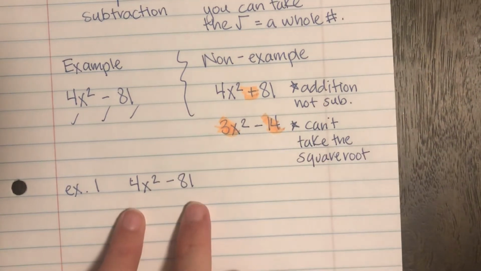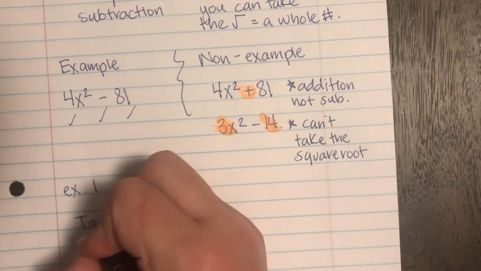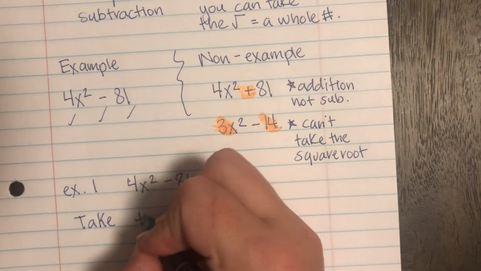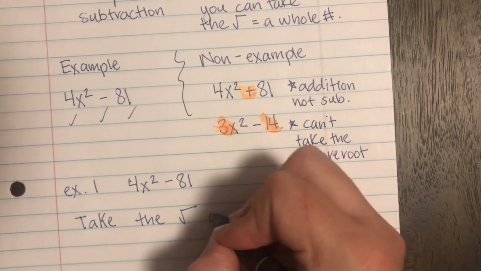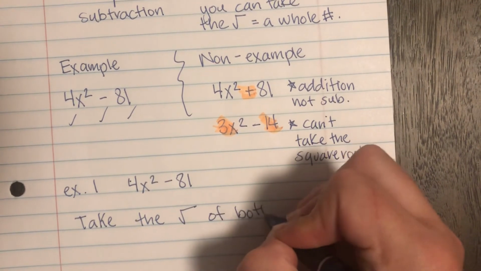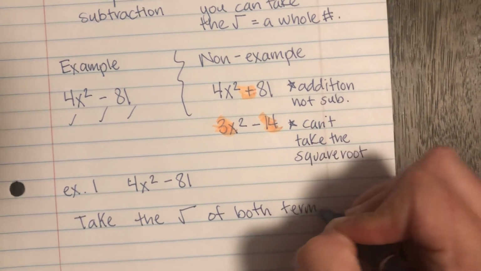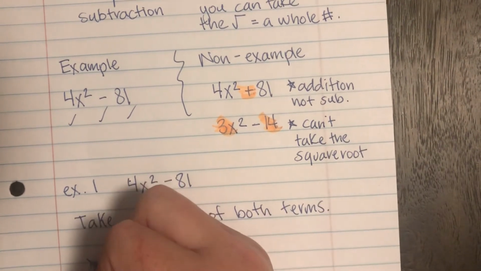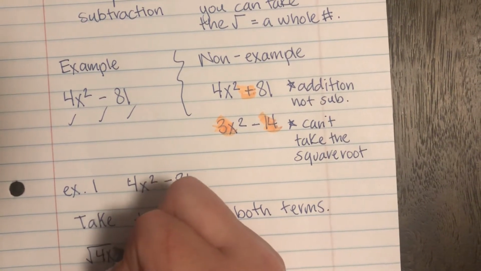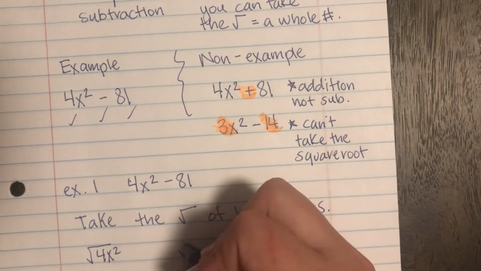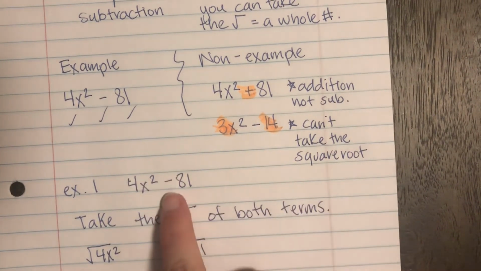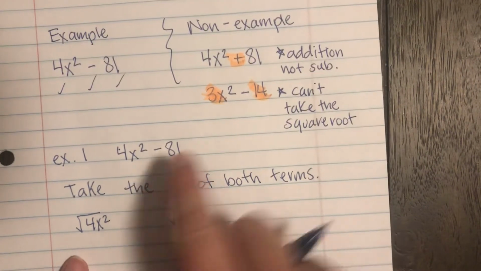So the first thing that we're going to do is take the square root of both terms. We're going to take the square root of 4x squared. We're also going to take the square root of 81. Do not include your negative, okay?